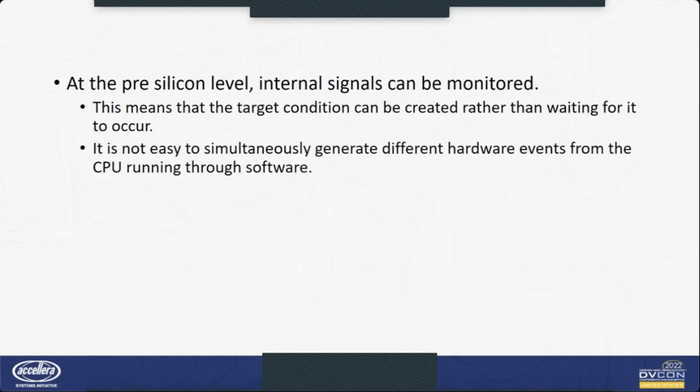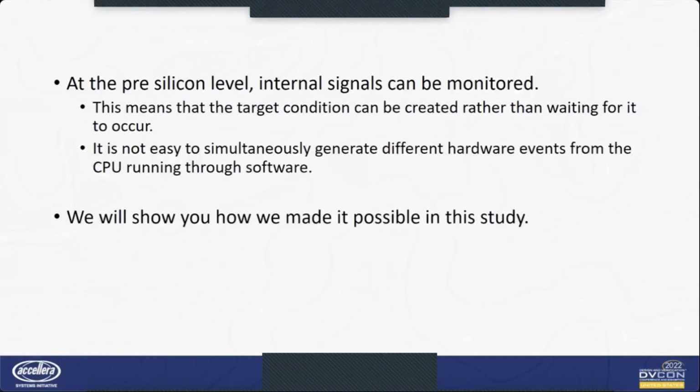However, it is not easy to generate these hardware events at a desired time using a real CPU operating through software. The purpose of this presentation is to show how we can freely generate desired hardware events at the simulation level.